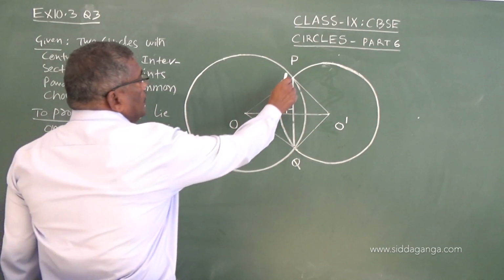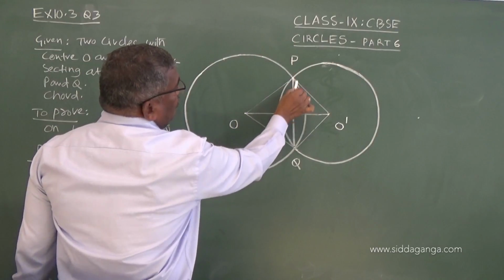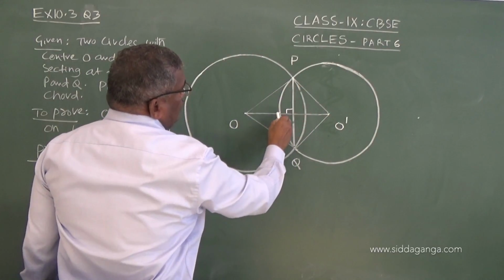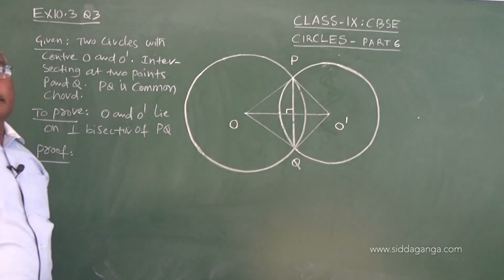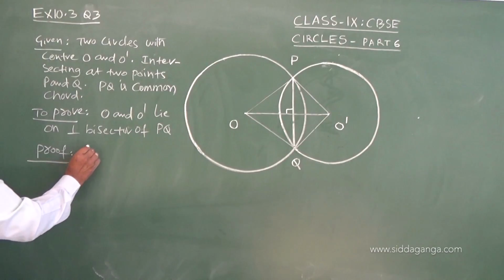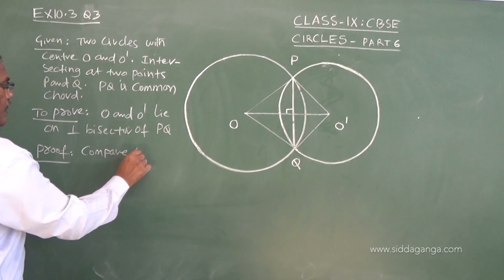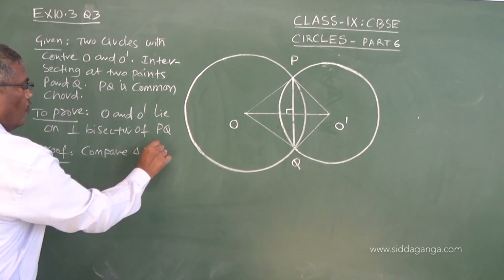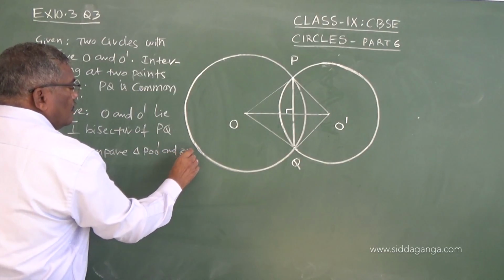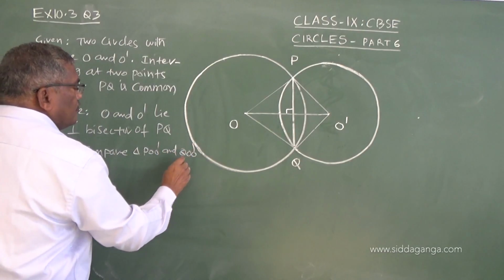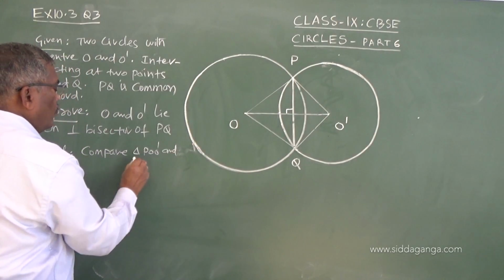Now, observe here PO dash. Above this horizontal line, we have one triangle, and below this, QO dash is another triangle. Compare these two triangles, triangle PO dash and triangle QO dash.